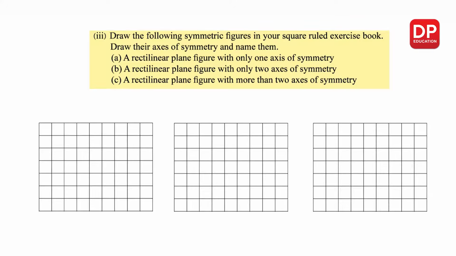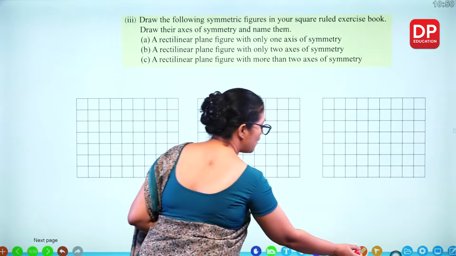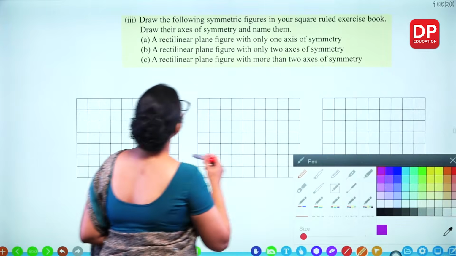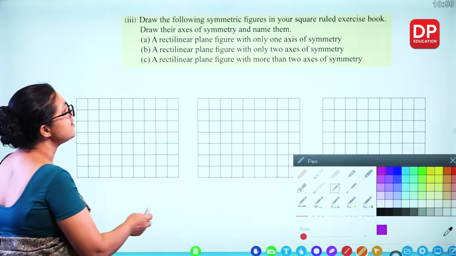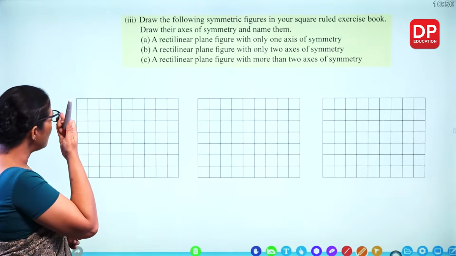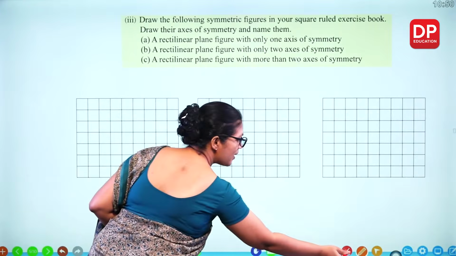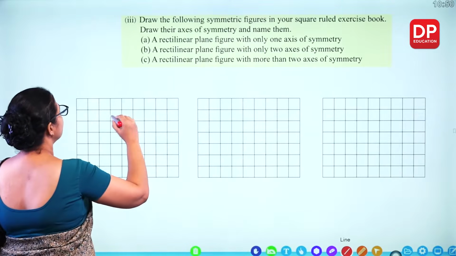Draw the following symmetric figures in your square rule exercise book. Draw the axis of symmetry and name them. A rectilinear plane figure with only one axis of symmetry. So one axis of symmetry. So we'll draw a figure with one axis of symmetry.